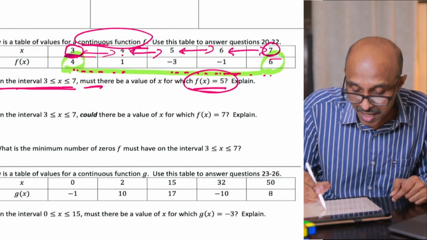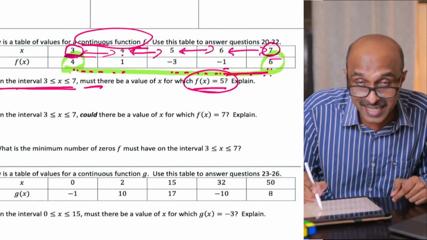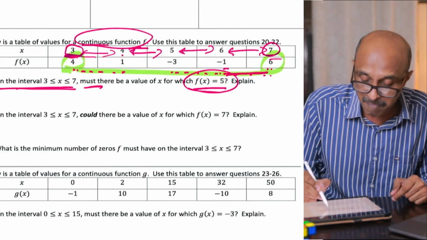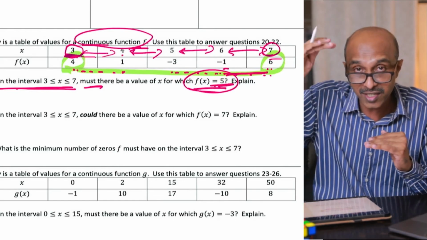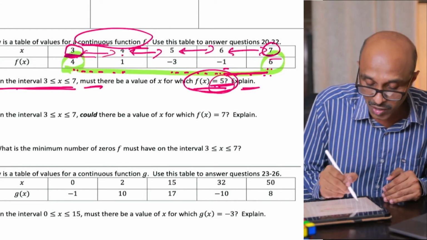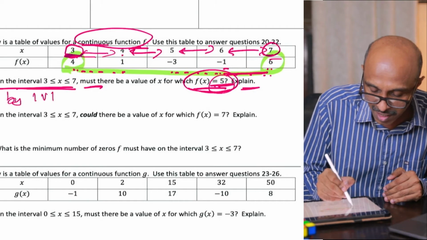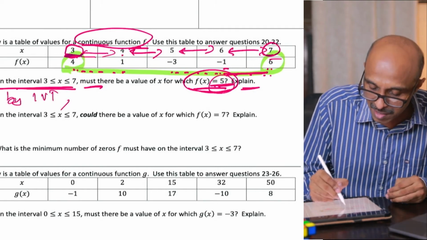Now, because it is continuous, every value in between -1 and 6, the function will take. That means there must be a value 5, because it can't jump from -1 to 6 just like that. It must pass through 5. And that is the explanation. So you say by intermediate value theorem, we can be sure it guarantees that there must be a value.